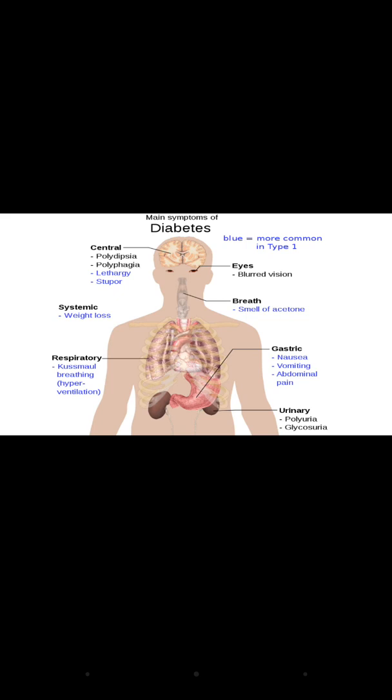Kussmaul breathing is deep, rapid, and labored breathing. So in that, the depth of the respiration will be increased, the rate of the respiration will be increased. Because of that, there will be excretion of carbonic acid via the ventilation. Because the person is having diabetic ketoacidosis, in the blood the acid is increasing, right?